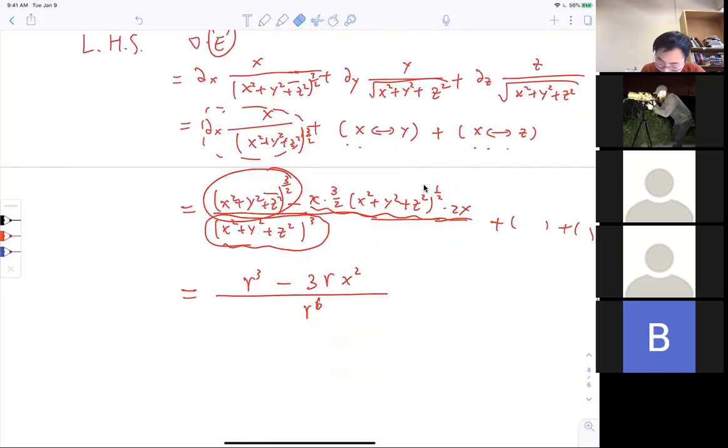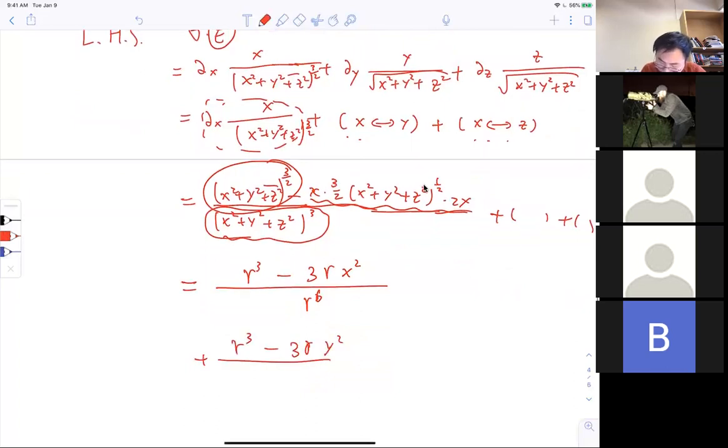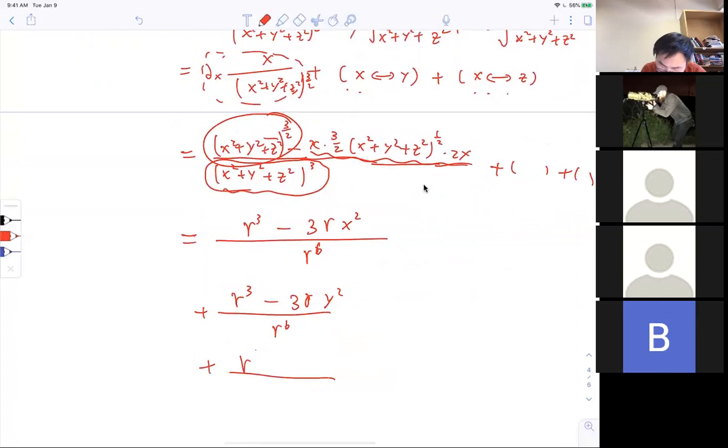The second term and third term you can write down: plus r cubed minus 3r y squared. Remember, we just replace this x with y. The last term, 3r z squared.